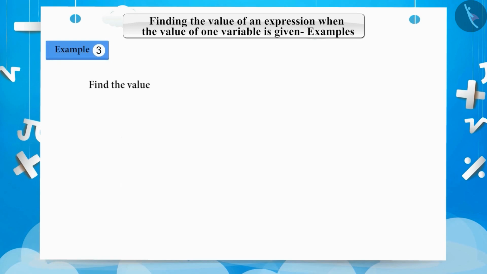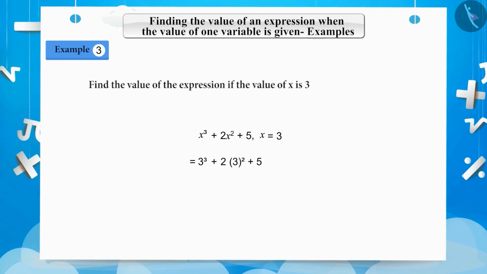Example 3. In the given expression, the value of x is 3. Find the value of the expression x cube plus 2x square plus 5. Substituting x equal to 3 in the expression, we get 3 cube plus 2, 3 square plus 5.